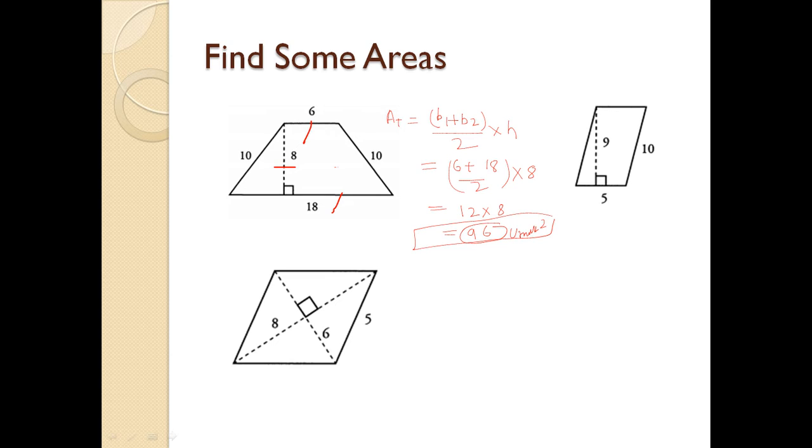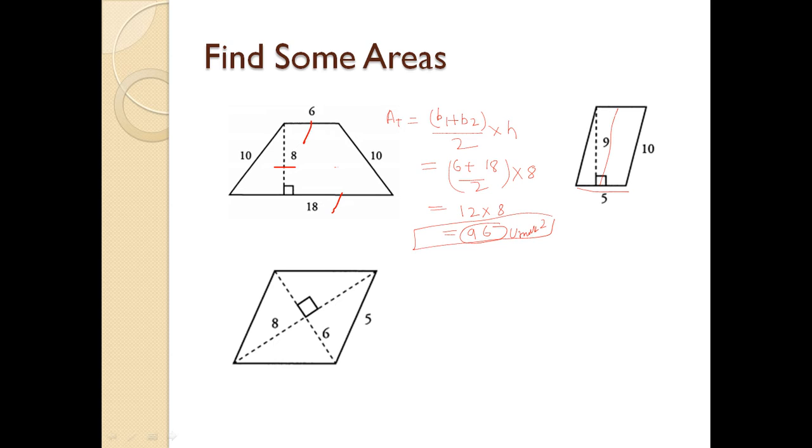Okay, similarly we have to find out the area of this. These are parallel sides, this is a parallelogram. We have to find out the area of this parallelogram. How we will find out the area of a parallelogram? So the area of a parallelogram is base into height. Okay, this is called an altitude.